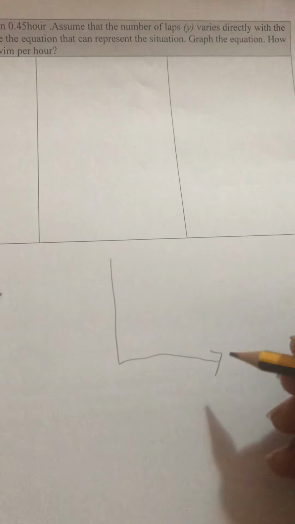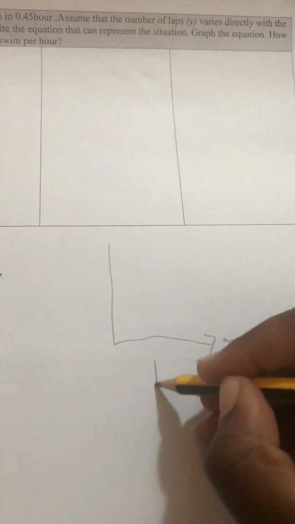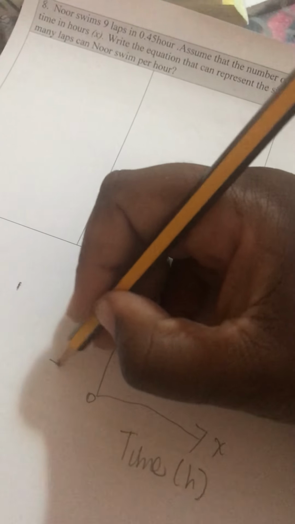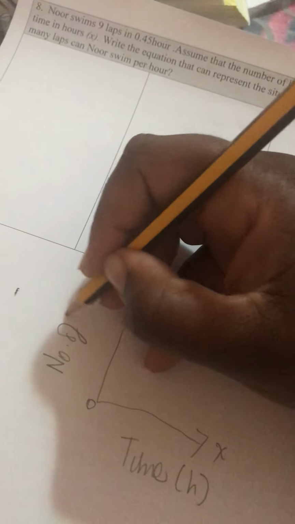So that means if I am drawing a graph, here is x, this will be time, because that's what the question said. Time, and the unit is hours. This is 0. This is y. What are we putting? Number of laps. Number of laps. So there is my graph. This is me just thinking after reading.